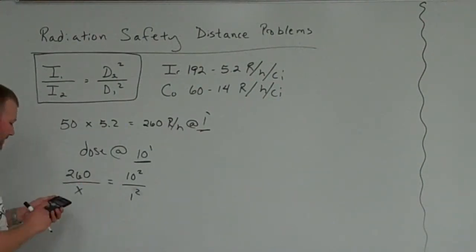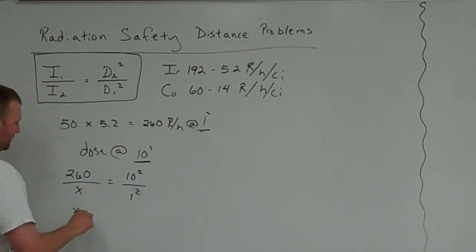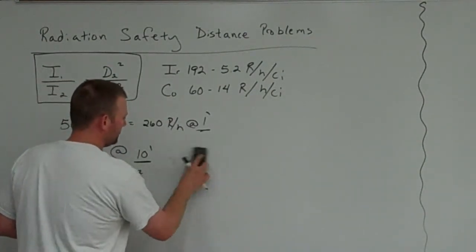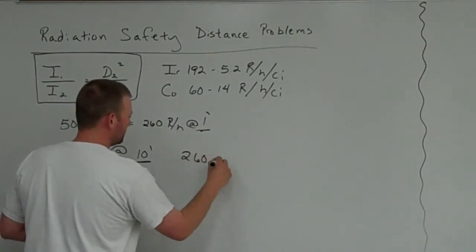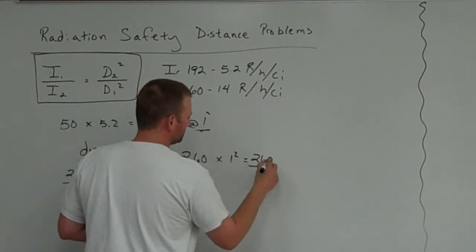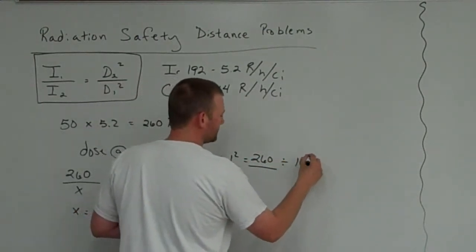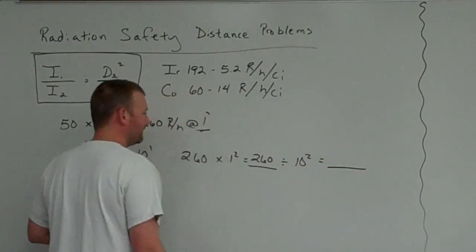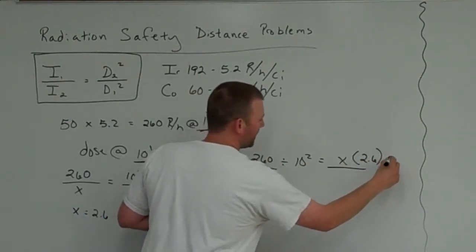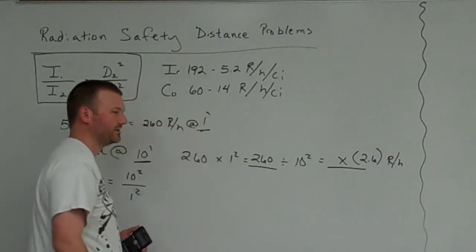So we did that. Now we're going to divide that by 10 squared. That's going to give us 2.6. So x here is going to equal 2.6. But let me write that out so you can read how that happened. 260 times 1 squared equals 260, divided by 10 squared equals x, or 2.6 Rankins per hour in this case, at 10 feet.